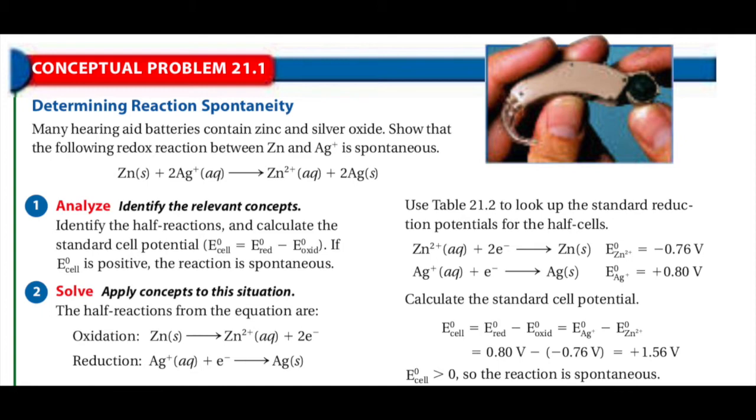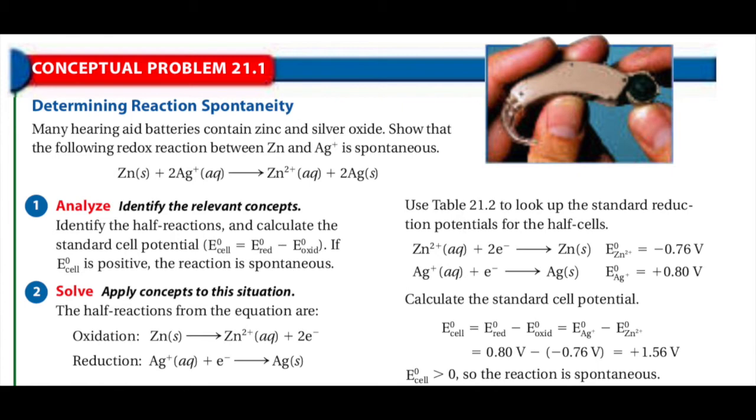So now you apply the equation. E naught cell equals E naught red, that's the reduction, and you know that's the silver one, so that's positive 0.8, and then minus the E naught oxy. The oxidation reaction is zinc yields zinc plus 2 plus 2E, so that's going to be negative 0.76.